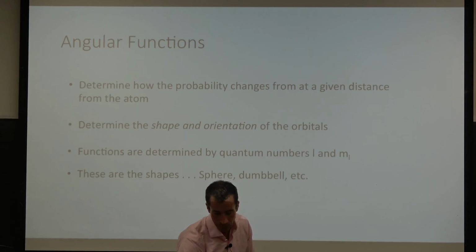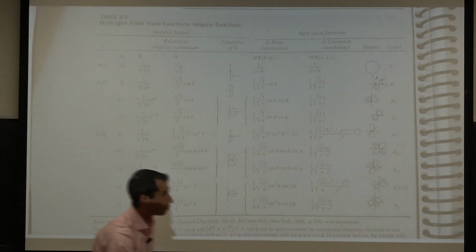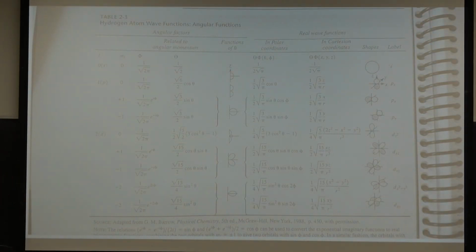People who are a lot smarter than me and have a lot more time than me have taken the time to come up with the angular functions as a function of different l and m sub l values. It's in your text.